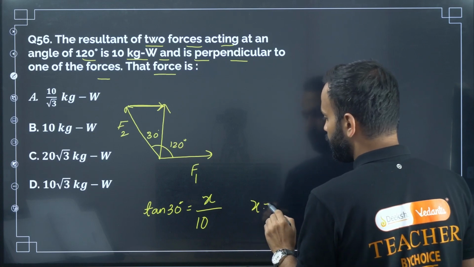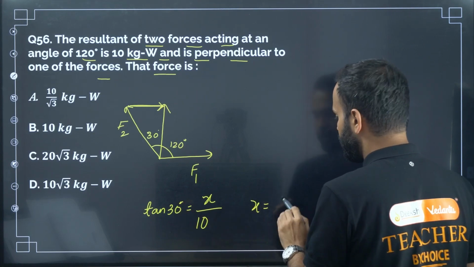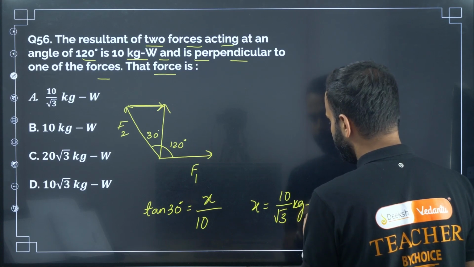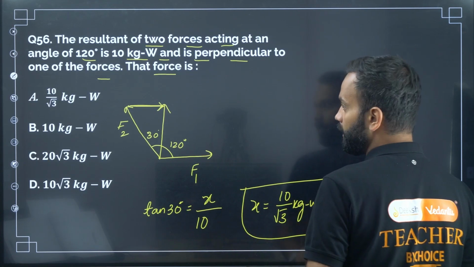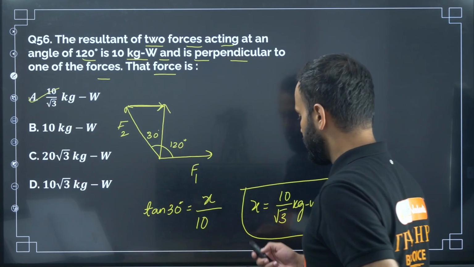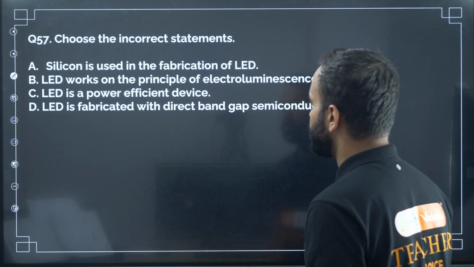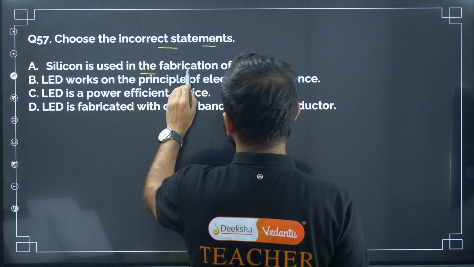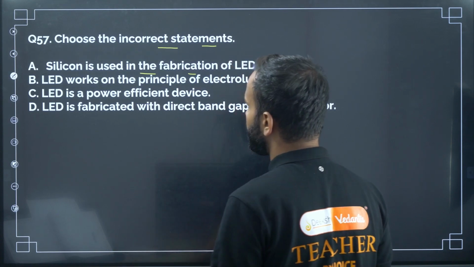So now x equal to 10 times tan 30 degrees, 1 by root 3. So 10 divided by root 3 kg W. So the correct option is A. Next question, question number 57. Choose the incorrect statements. Silicon is used fabrication of LED.